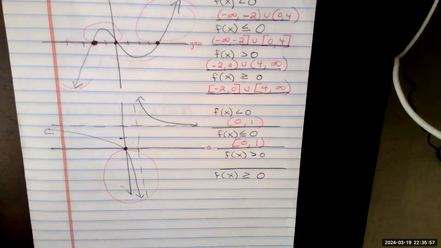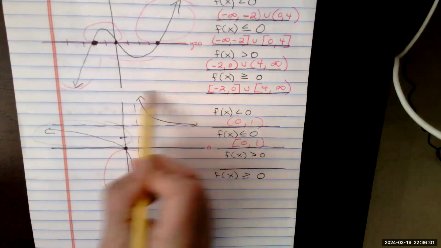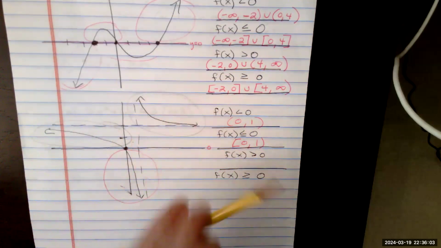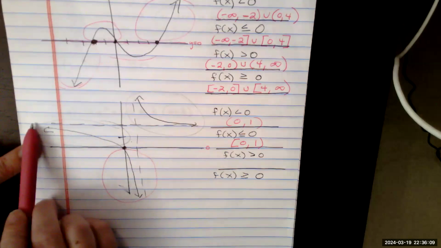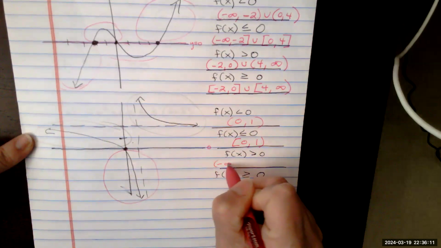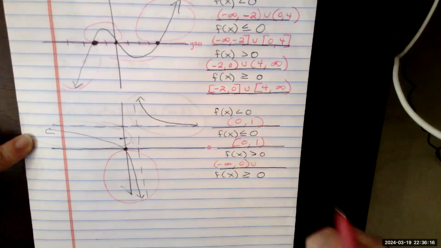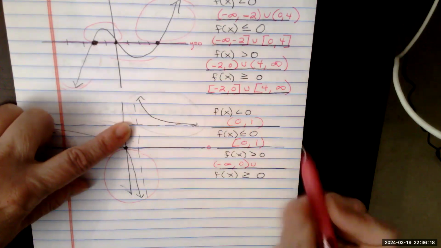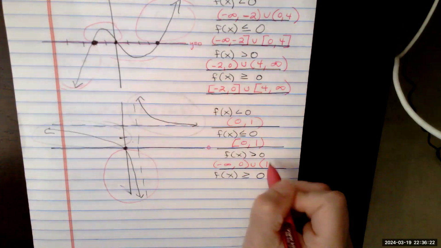Same question, but greater than, I'm looking at this and this. These are the two sections of the graph that are above the line y equals 0. This section is coming from the left, so from -infinity to 0. The other one starts just at that asymptote, which looks like it's at 1, and it goes to the right forever.